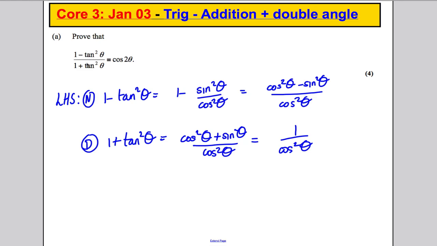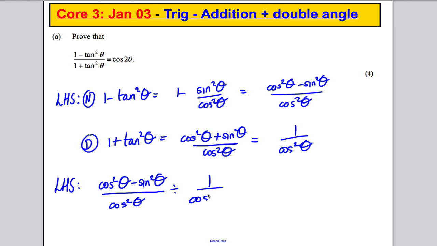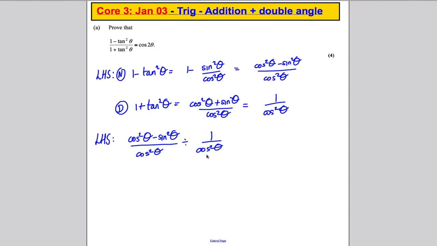So we have the numerator divided by the denominator. What we've got for the left-hand side, we therefore have cos squared theta subtract sine squared theta over cos squared theta divided by 1 over cos squared theta. Well, that's like changing that to a times and multiplying by cos squared theta over 1.